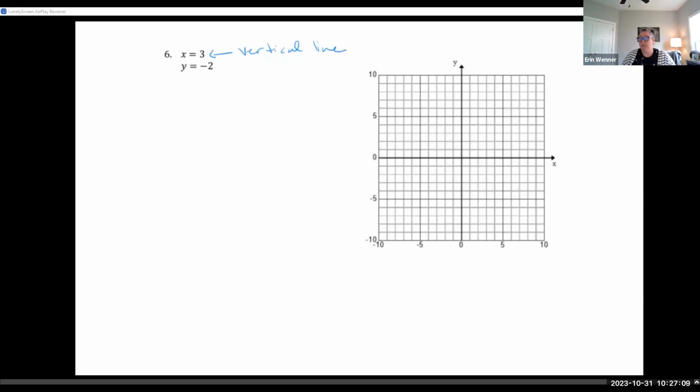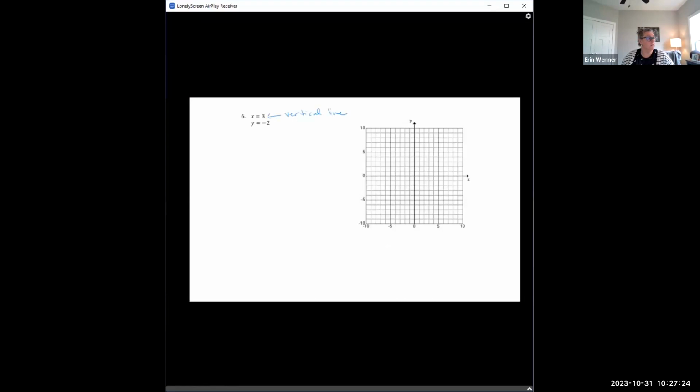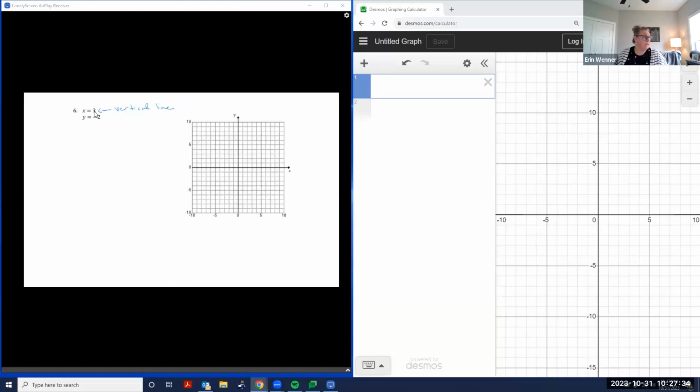If we were to go into Desmos, let me show you what I'm talking about. One second to reshare my screen with you. Okay, so if I go into Desmos and I take this and I graph it, I'm just going to say x equals 3.